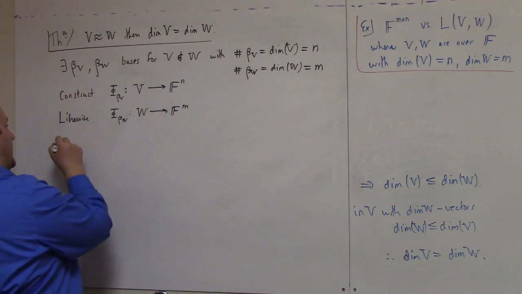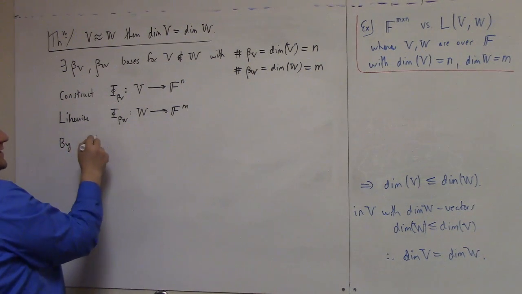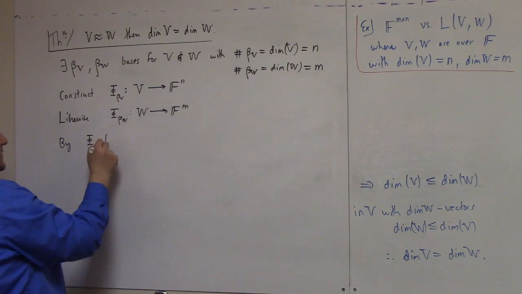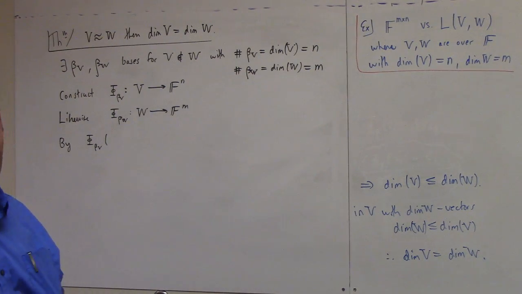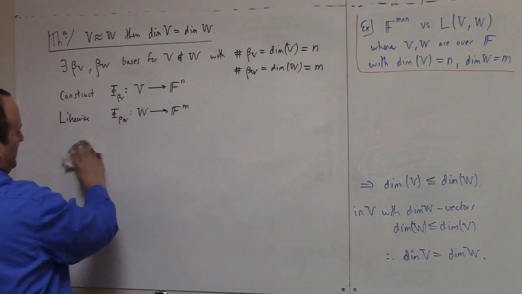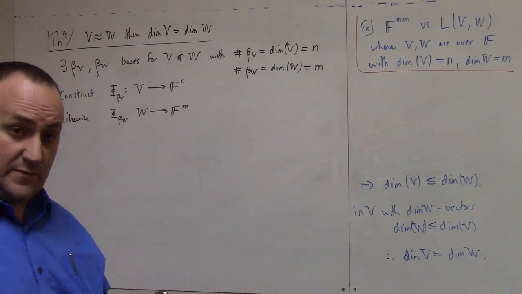I already showed you how to define the coordinate maps, so you define them in the same way. Let me not write all that out again. These are the coordinate maps, all right? So here's a picture of what's going on.